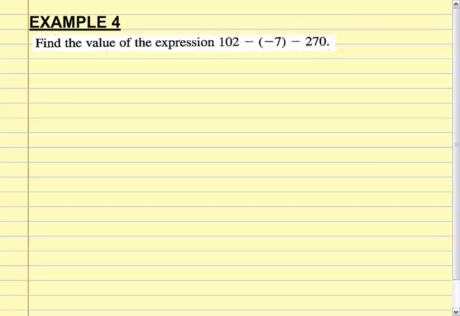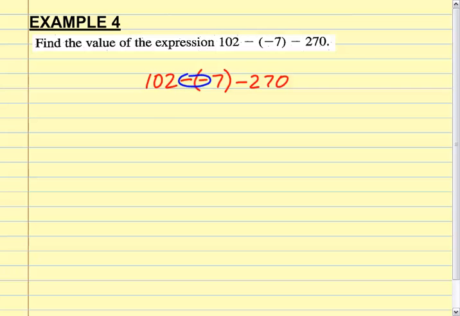Now in example number 4, it says find the value of the expression 102 minus negative 7 minus 270. I need to rewrite this so that I don't have the words in my way. I'm just going to rewrite it. The very first thing that I see is two operators right next to each other, two signs.